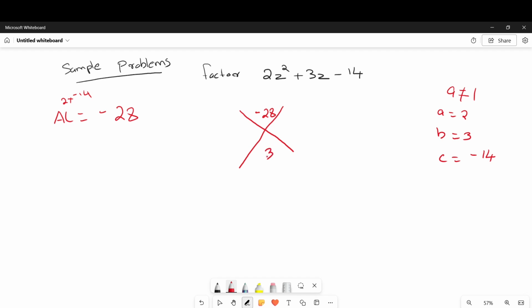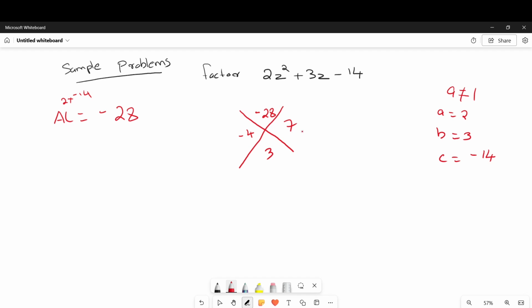Which are the two numbers here? Okay, you got it. The two numbers are minus 4 and 7. See, minus 4 plus 7 is 3. Then minus 4 times 7 is minus 28. So these are the two numbers.